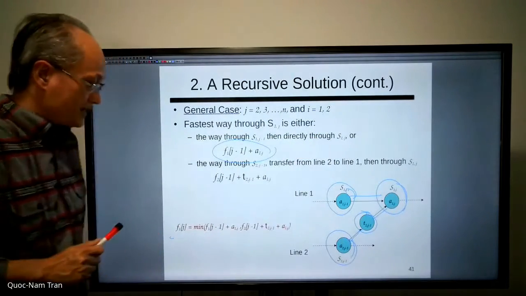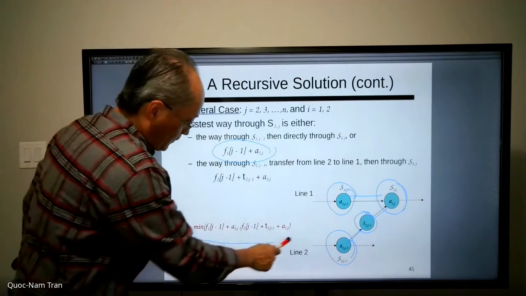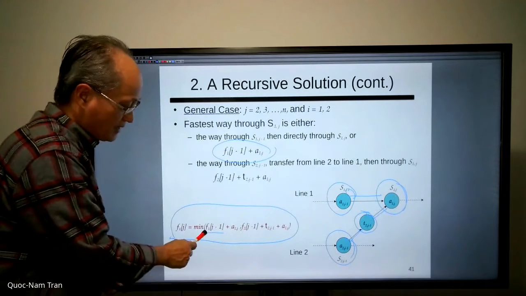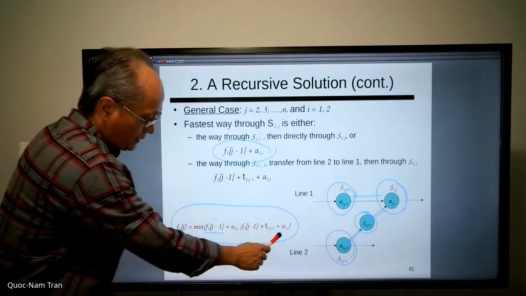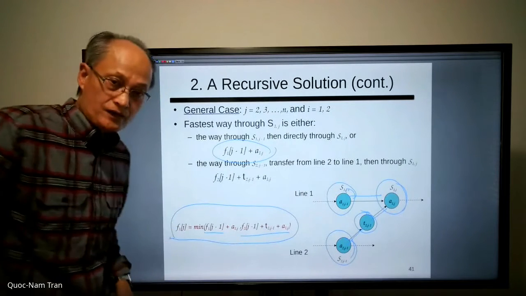So F1j will be the smaller value of going through the same assembly line or going through the other assembly line plus the extra cost.